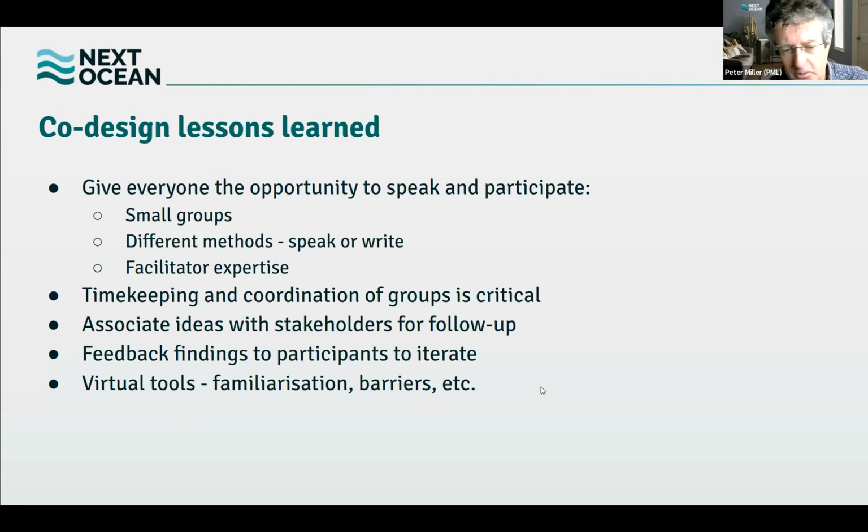I've told you about the virtual tools. That's fine if people are computer savvy. Some people have more of a familiarization problem with the tools, and are more or less happy to log on to things and to write comments and to draw arrows and really use it to communicate their thoughts in the best way possible.